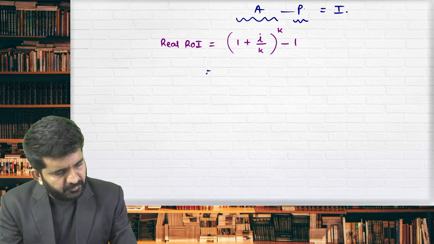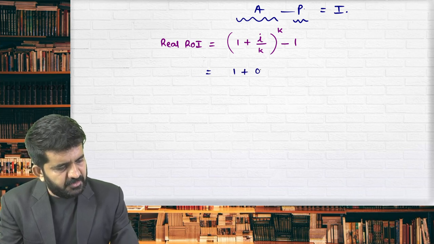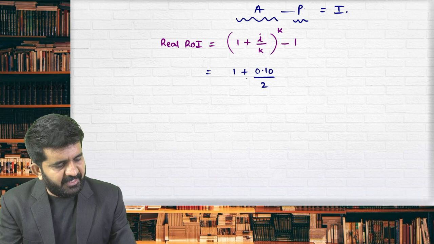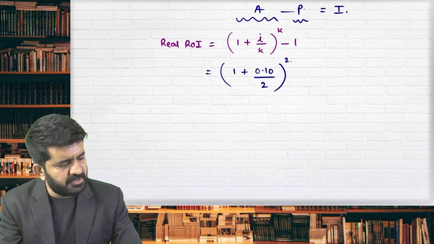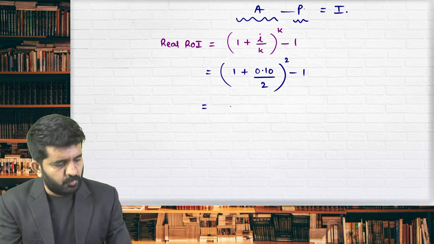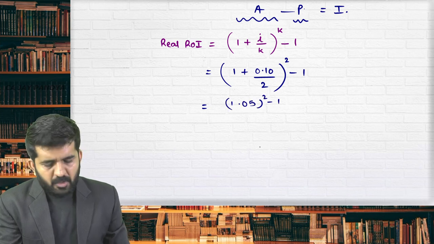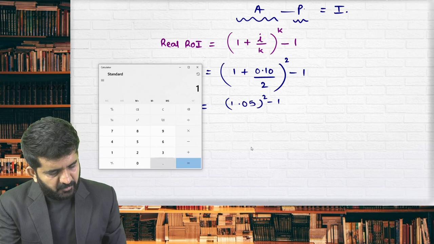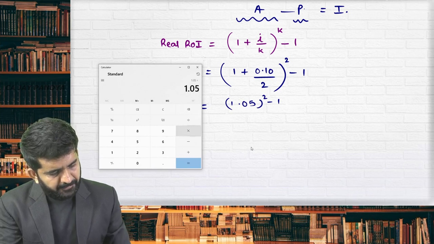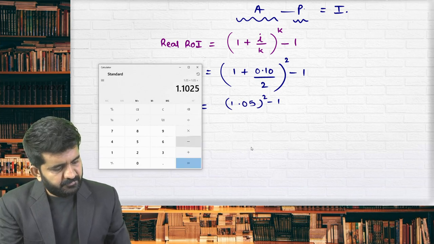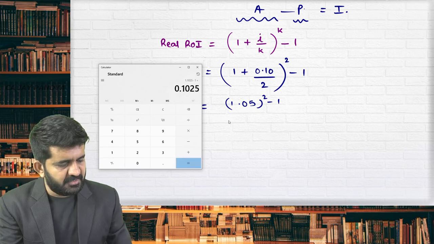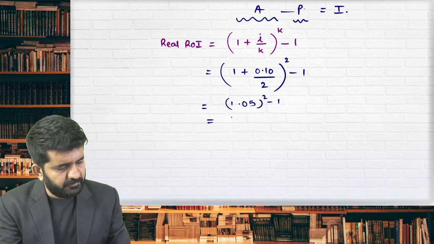What is the rate of interest? 10%. So it is 1 plus 0.10 divided by 2, as interest was compounded 2 times, raised to 2, minus 1. This will be 1.05 raised to 2 minus 1. If I open my calculator, 1.05 raised to 2 minus 1. What is the answer? 0.1025.